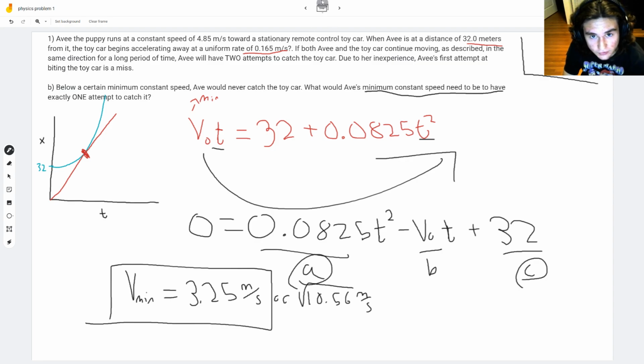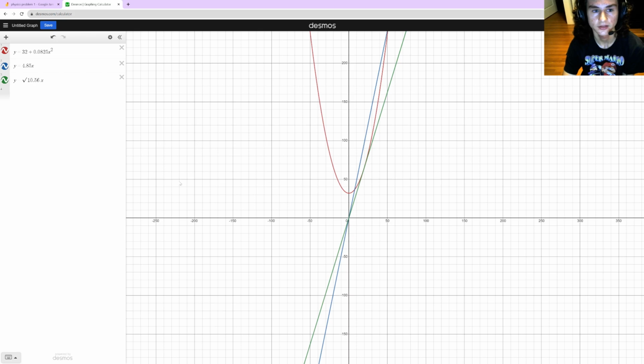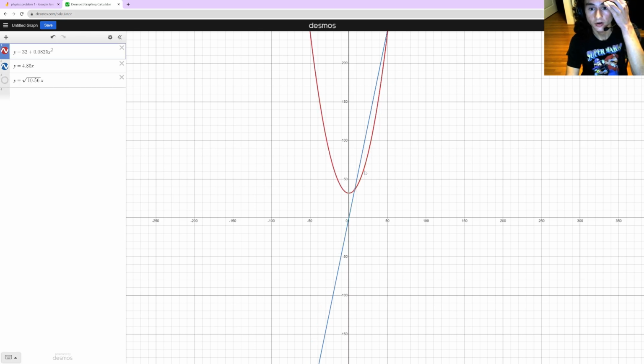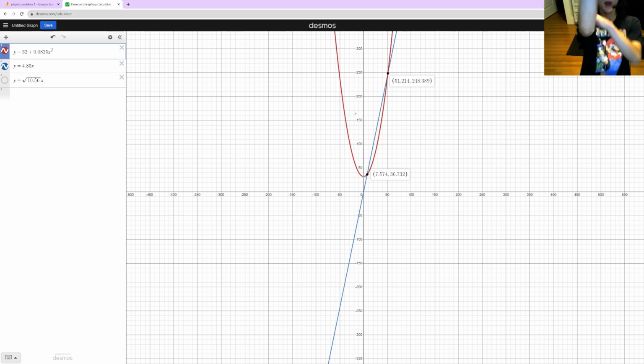So just to double check this, I'm going to show it on a graphing calculator. The red represents the car. In this case, I guess I switched around colors, my bad. And the blue represents the dog in the first problem. So if we look at these 2 points, the y will be position and the x will be time.